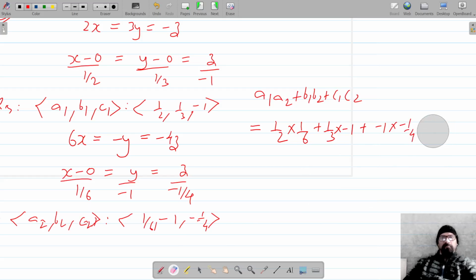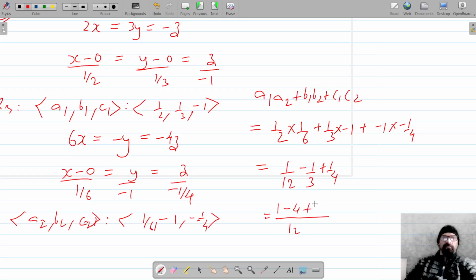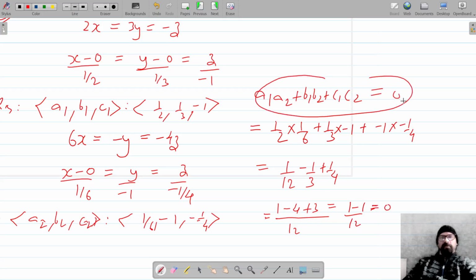So this is 1 by 12 minus 1 by 3 plus 1 by 4, LCM is 12. So this is 1 minus 4 plus 3, which is equal to 0 by 12, that is equal to 0. Okay, so this becomes 0, so that means the lines are perpendicular.